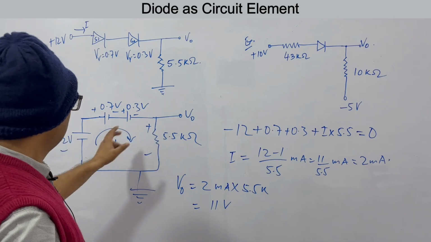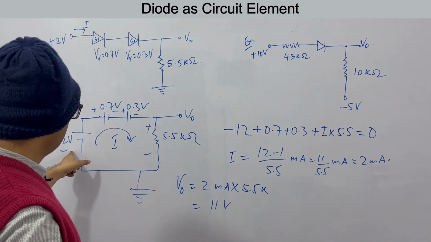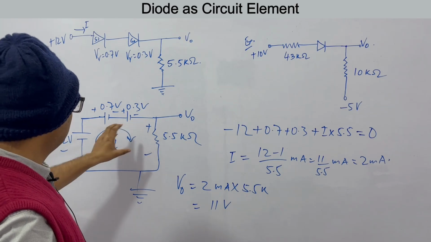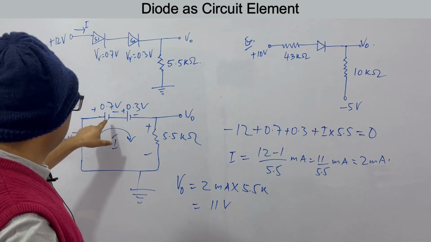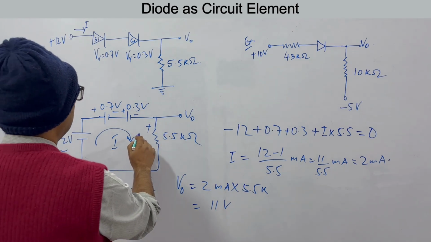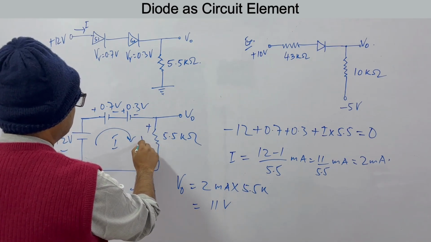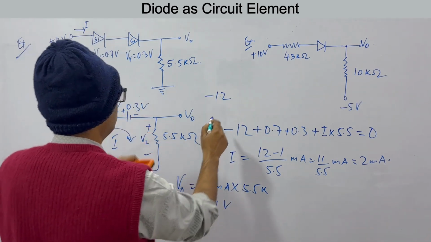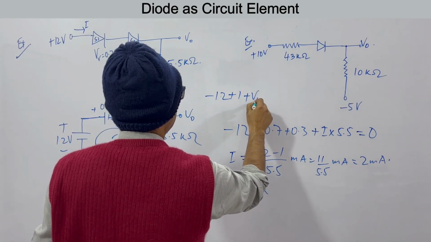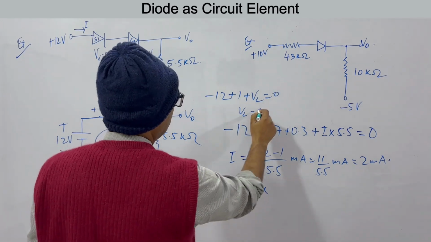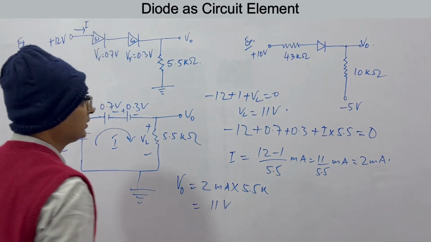If you go by this direction also, this will be 12 minus 1 volt. If this is VL, which we have to find, this will be minus 12 plus 1 plus 1 plus VL equal to 0. From here also we have VL equal to 11 volts. Okay.